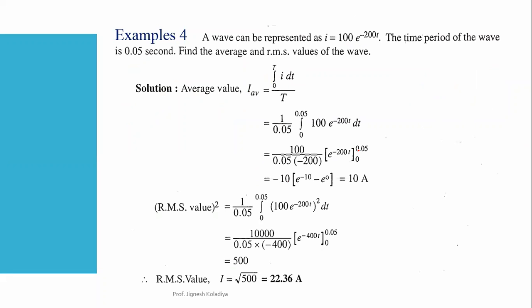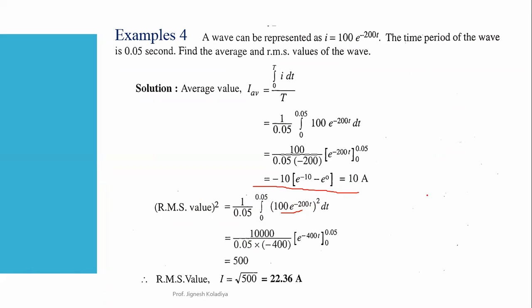Here you can see the solution. Average value I already told you up to this. Now RMS value square is 1 upon 0.05, integration 0 to 0.05, then i square, where i is 100 e raised to minus 200t, whole square. Take 100 square outside, so it will be 10,000 divided by 0.05.